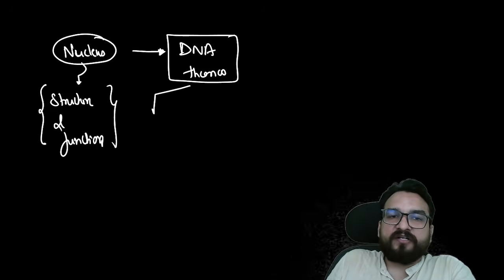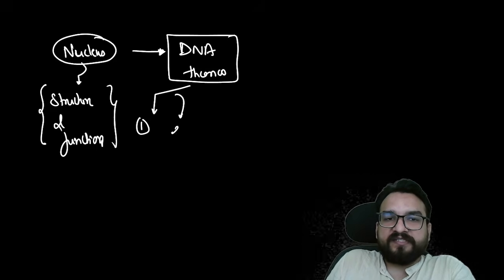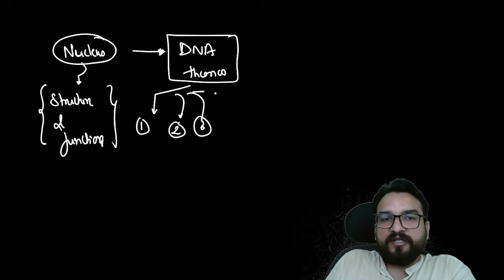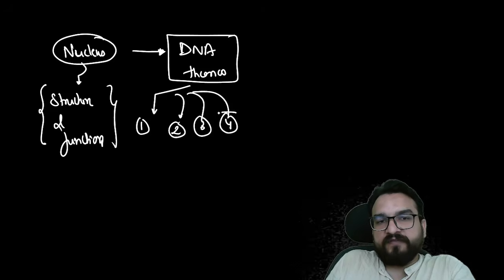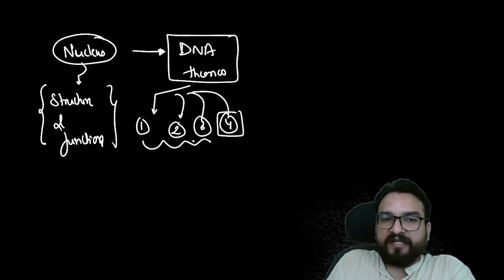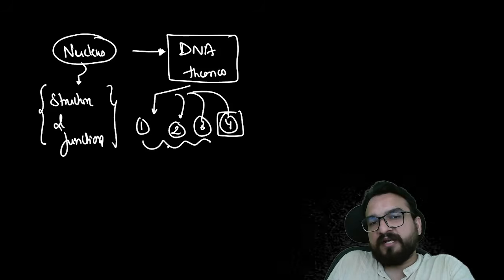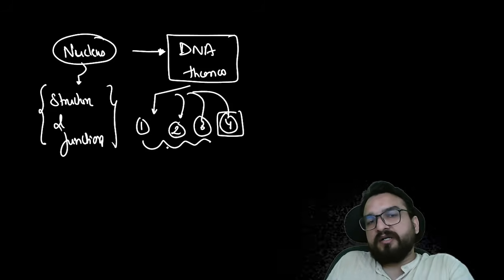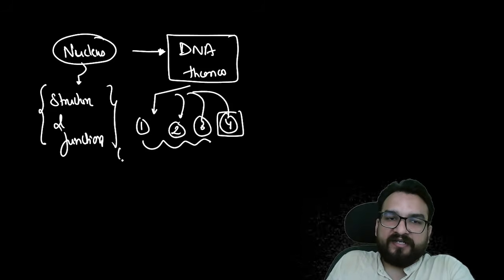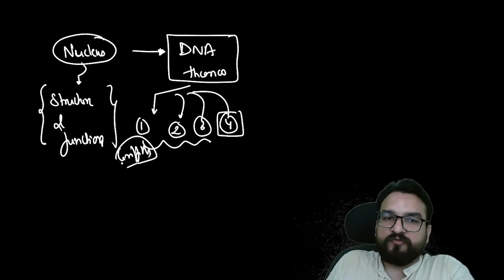DNA theories we have understood: first, second, third theory, and over here the fourth theory with respect to Watson and Crick. Over here Hershey and Chase, I hope you remember. The Avery, McLeod and McCarty experiment we have understood, and the Griffith experiment we have understood. I hope you have not forgotten it.